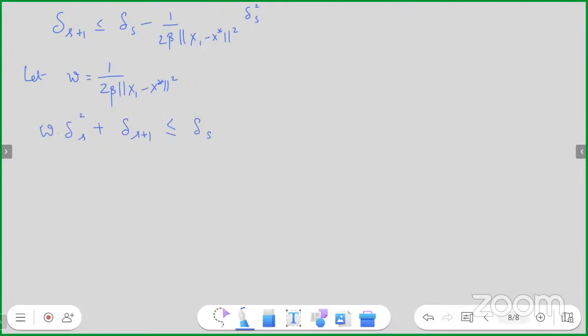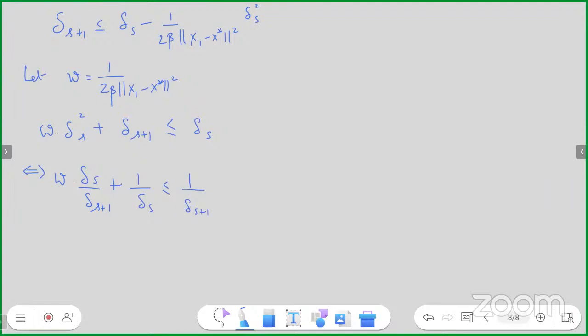So this implies, actually, if and only if, del s over del s plus 1 multiplied by w plus 1 over del s is less than 1 over del s plus 1.